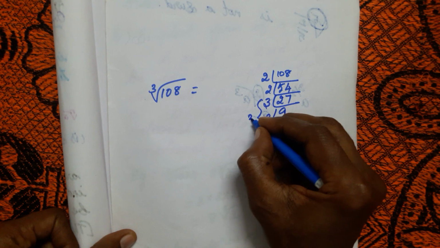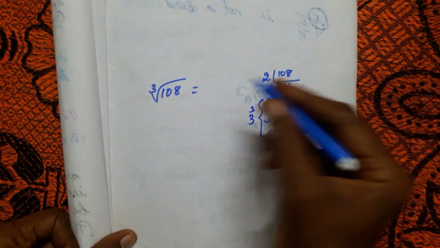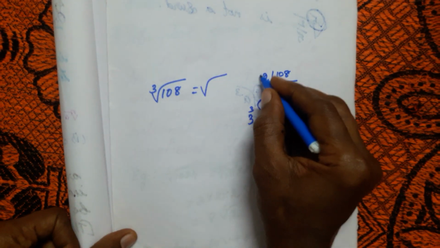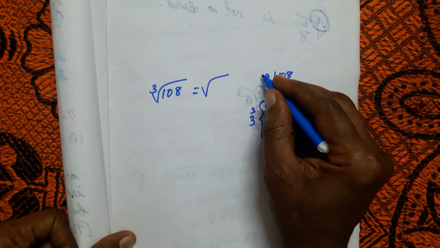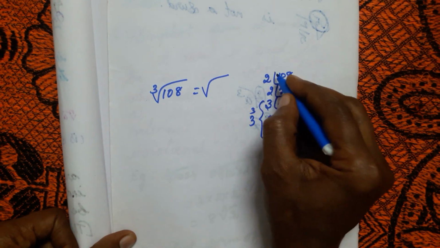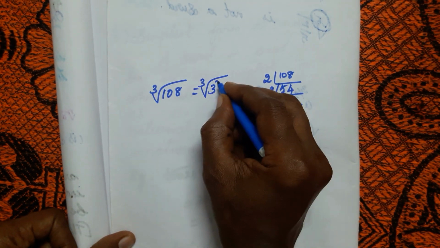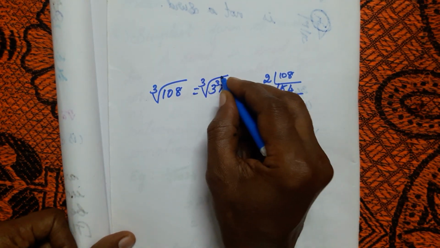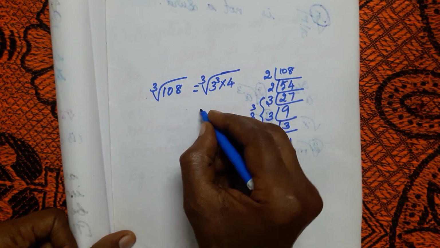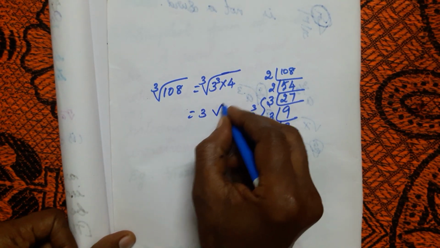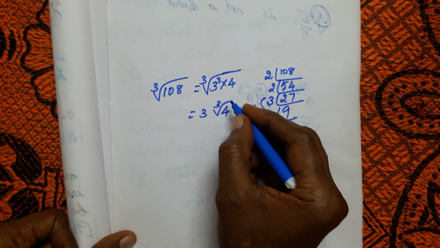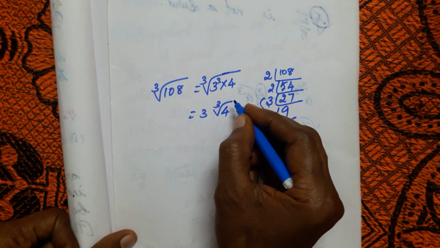This 3 cube we can write, and the 2 twos we multiply and write, since we cannot have groups of three. So we can write cube root of 3 cube into 4. So it is equal to 3 into cube root of 4. It is the simplest form of cube root of 108.